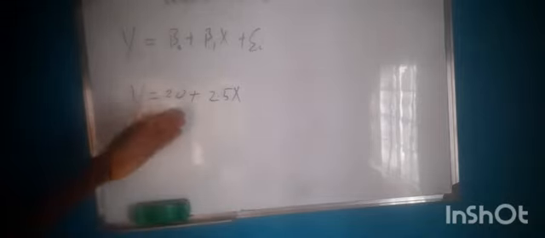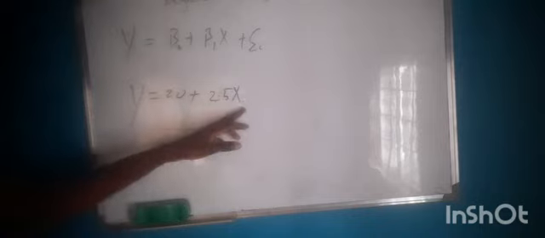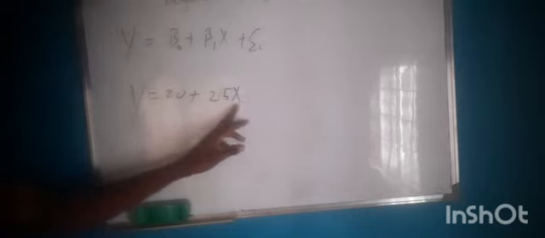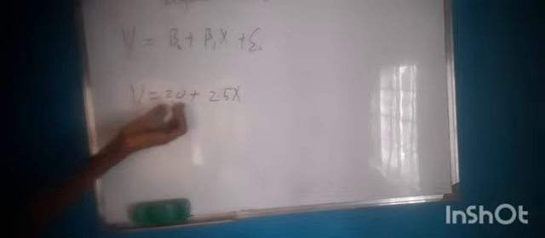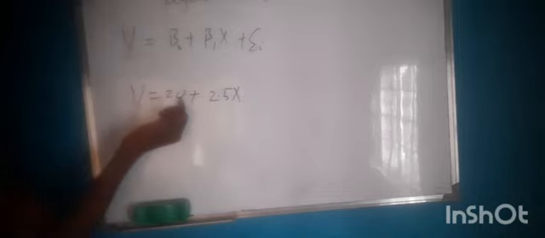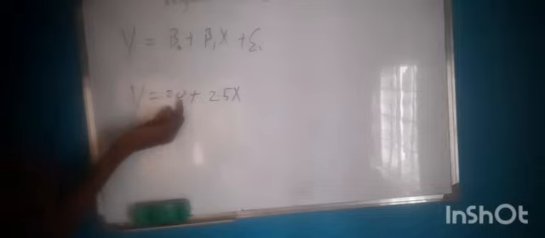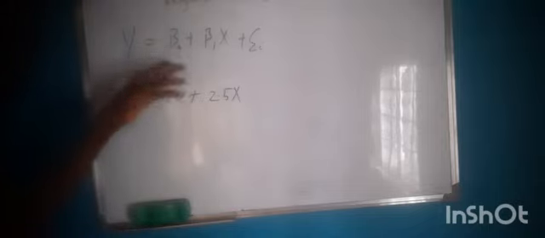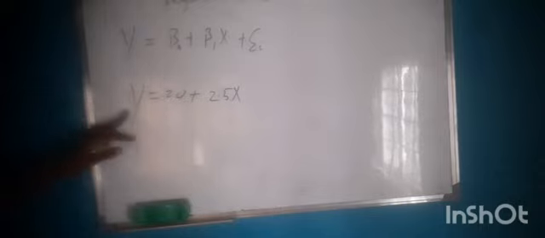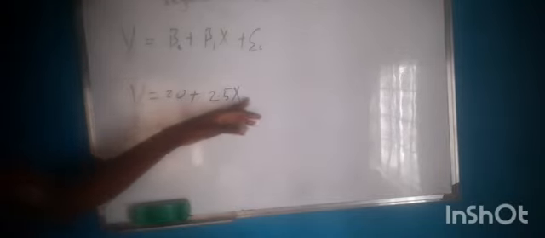Okay, so if the student doesn't study at all, he or she must have this particular 20. He or she will have this 20. Okay, so this 20, this intercept, is the expected value of the dependent variable, which is the performance, when x, which is the study hour, is 0.